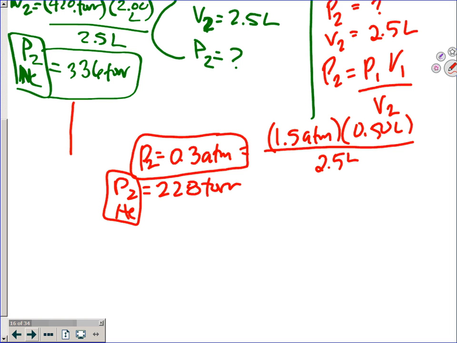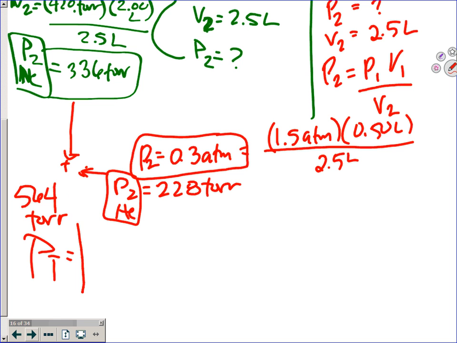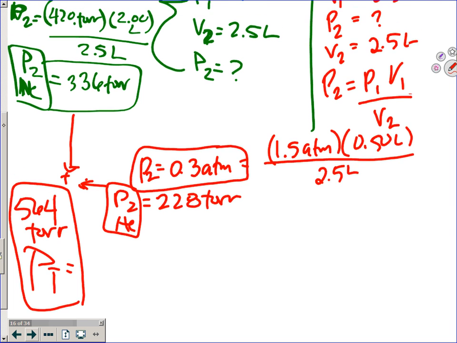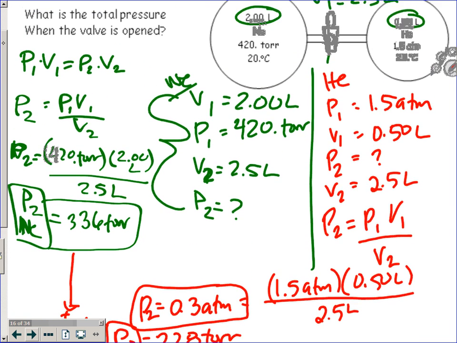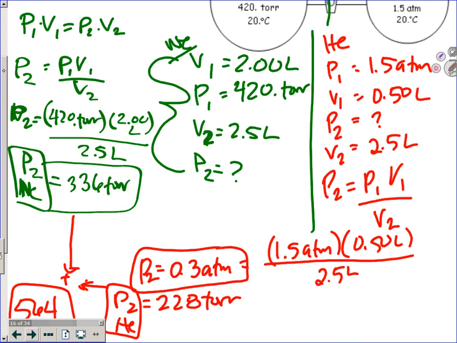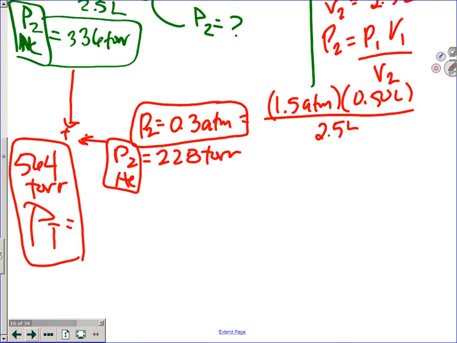So then collectively, when you add them together, what is it? 564 torr. P total. So 560.